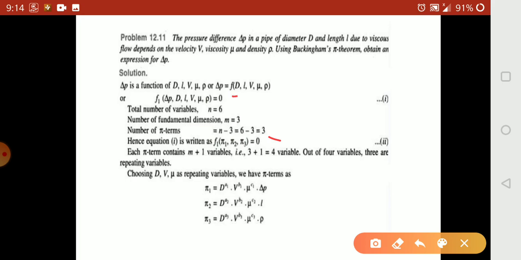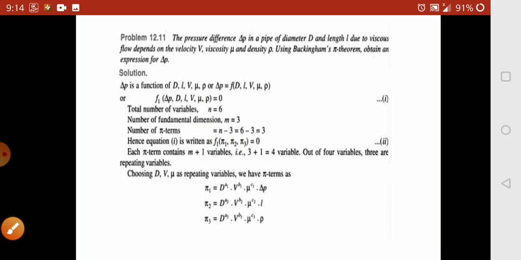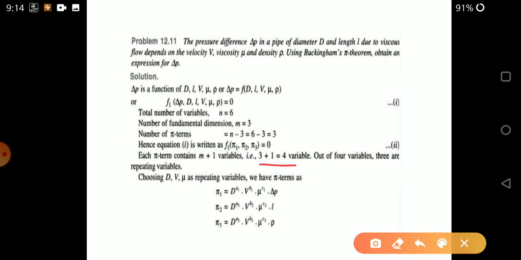Hence each pi term contains m plus 1 variables, that is 3 plus 1, where m means the repeating variables and 1 means the non-repeating variable. So 3 plus 1 is equal to 4. Out of 4 variables, 3 are repeating variables. Choosing diameter, velocity and viscosity as repeating variables, we have the pi terms.